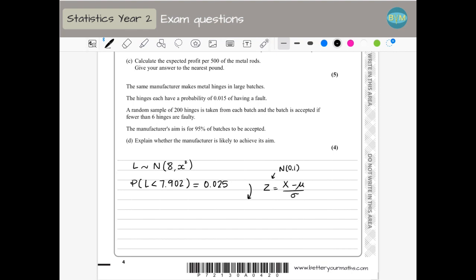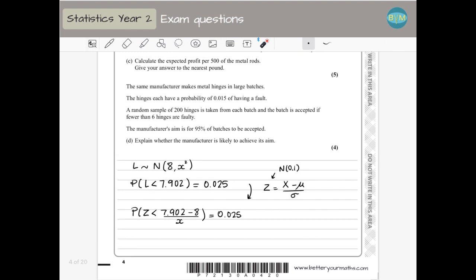So what we are doing is the probability of Z smaller than 7.902 minus the mean, which is 8, divided by the standard deviation, which is x, is still going to be 0.025 because the area stays the same.